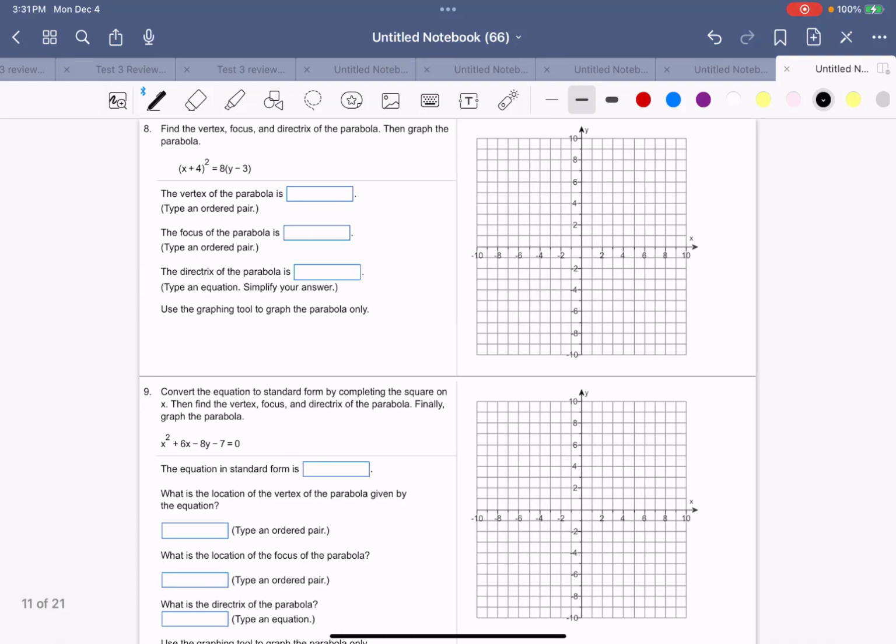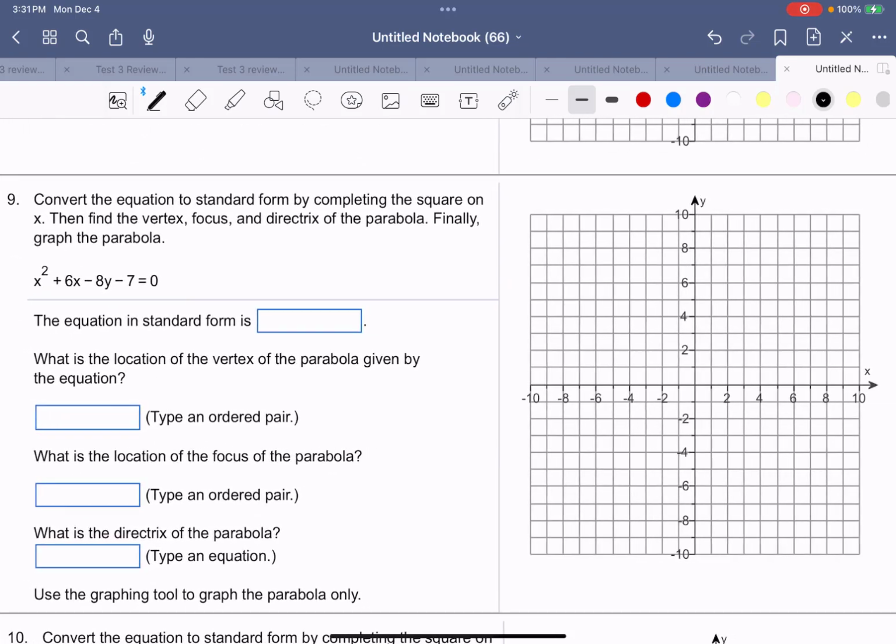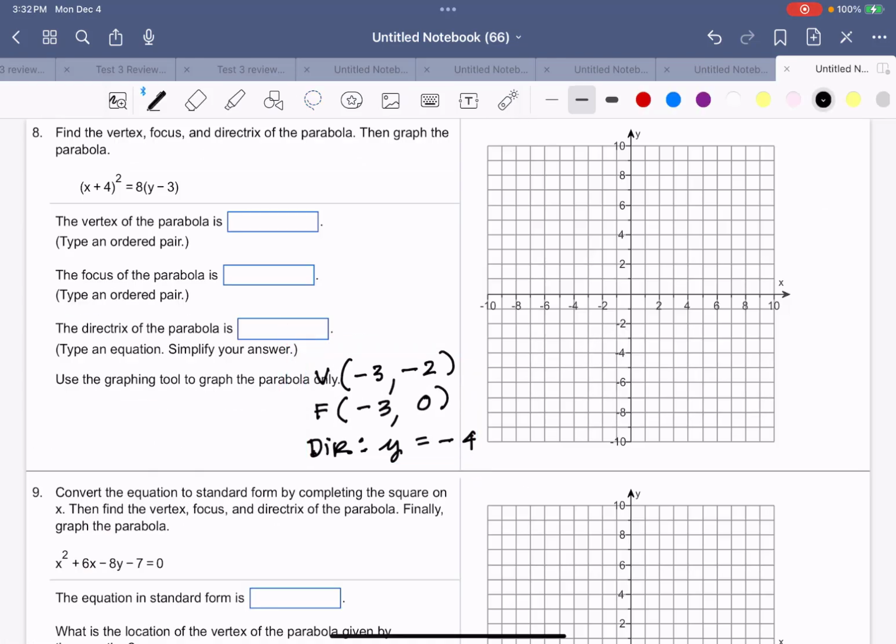So let's fill in these parts here. Our vertex is at -3, -2, so to the left 3, down 2. Our focus was at -3, 0, because we got p is 2, and we have to go up 2. Our directrix was at y equals -4, because if we go up 2 for the focus, we have to go down 2 for the directrix.